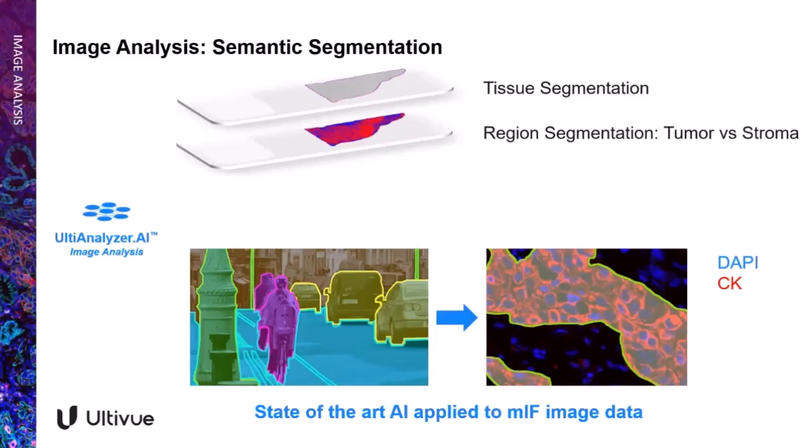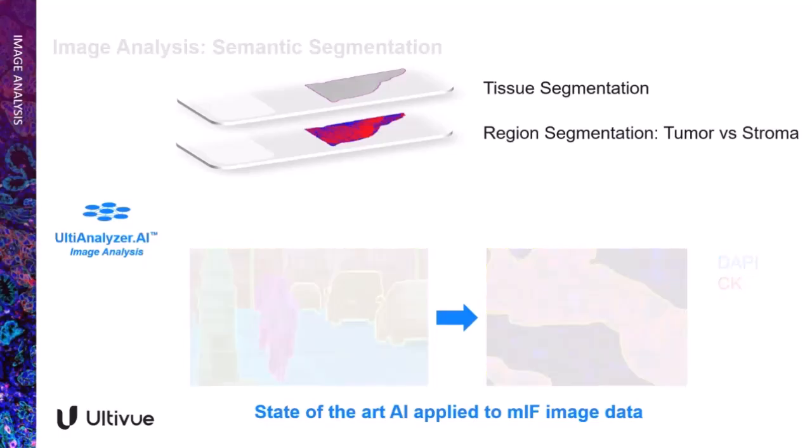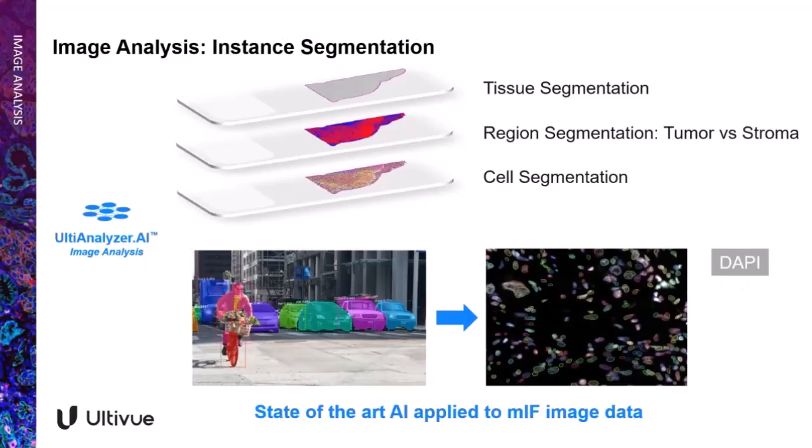We often have cytokeratin as part of the panel and utilize that to do then a tumor versus tumor stroma separation within the actual tumor region. And here an example, again, a second semantic segmentation approach. And then this is followed by a cell segmentation. We already saw that in previous talks.